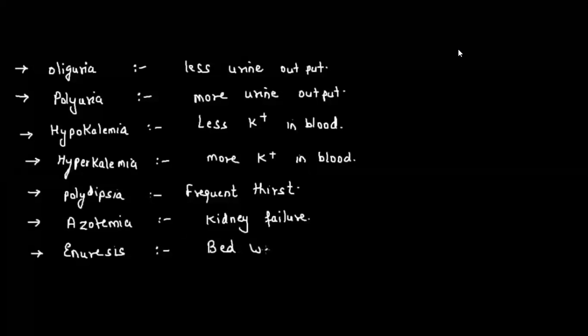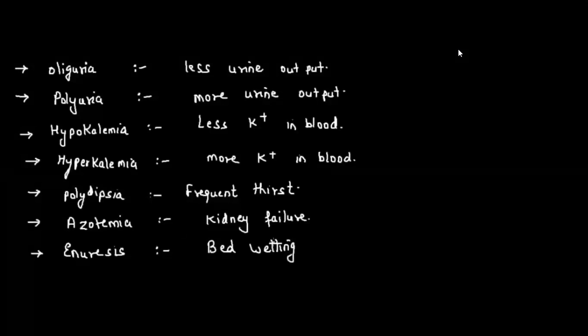It means the child is suffering from enuresis, which is the technical name, but in layman's terms it is called bedwetting. Passing out urine during sleep, with no control on the external sphincter during sleeping time. So these are all different technical terms: oliguria, polyuria, hypokalemia, hyperkalemia, polydipsia, azotemia, enuresis.